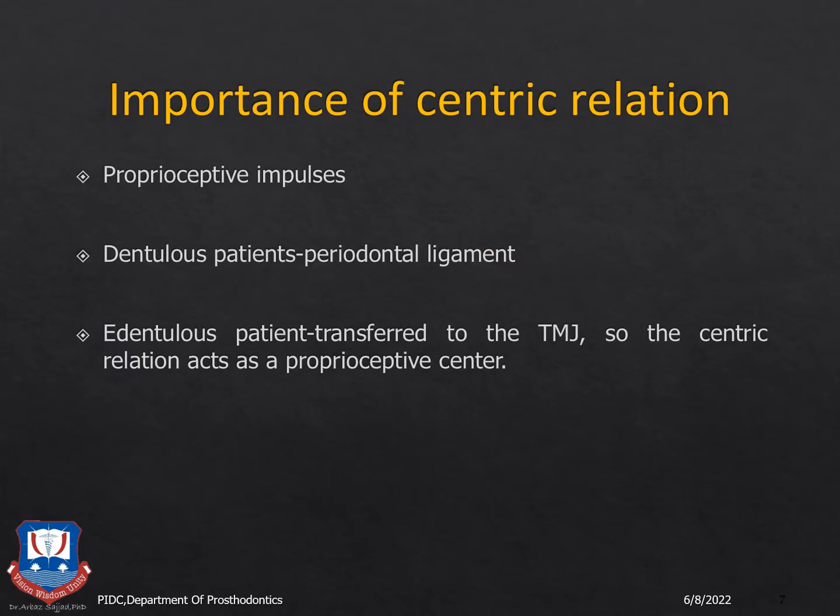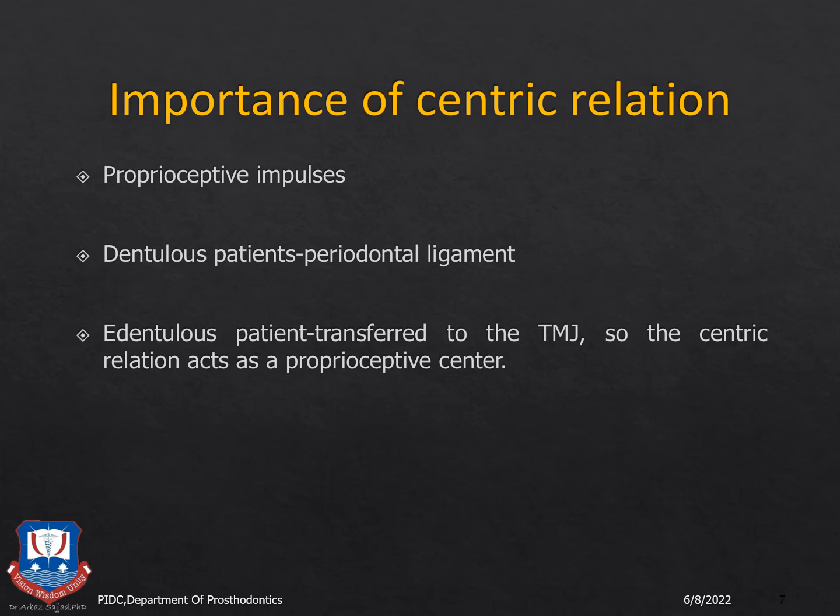So, coming to the importance of centric relationship, why it has so much importance in prosthodontics and in complete denture fabrication. Centric relationship is directly related to the proprioceptive impulses of the patient. In a dentulous patient, these impulses are generated by the periodontal ligament.